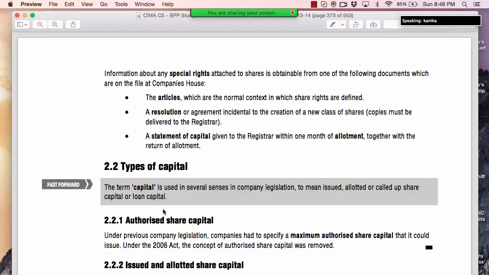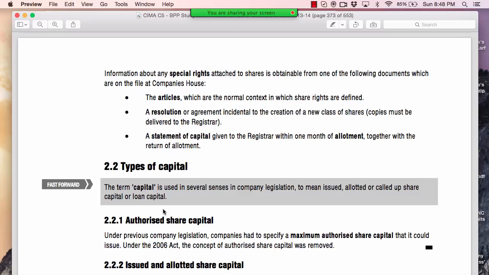Yep. Okay. Information about any special rights. Now this is where you can see that certain shares carry special rights, and this is very clearly stated in your articles. Otherwise there is no document which can document all these special rights, and how would others know about this? So they have the articles of association which will state these are the rights of different types of shares.